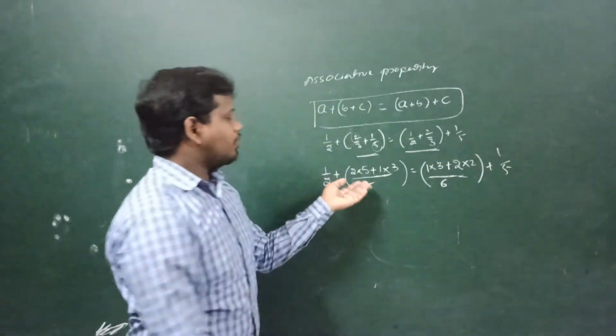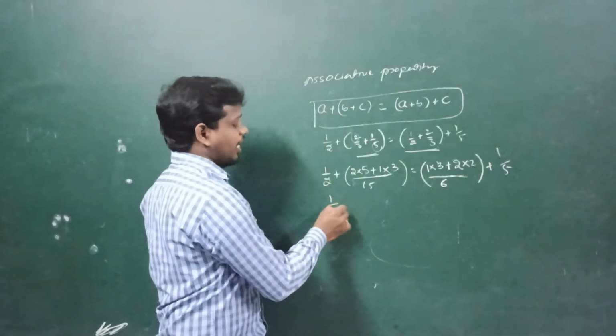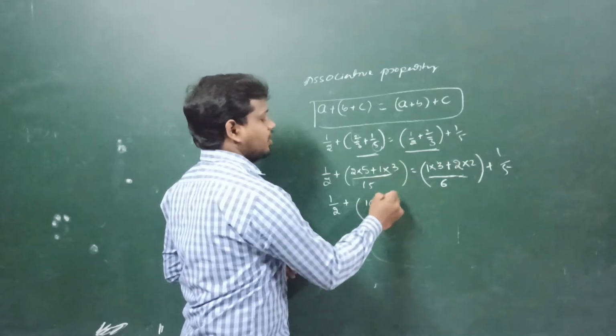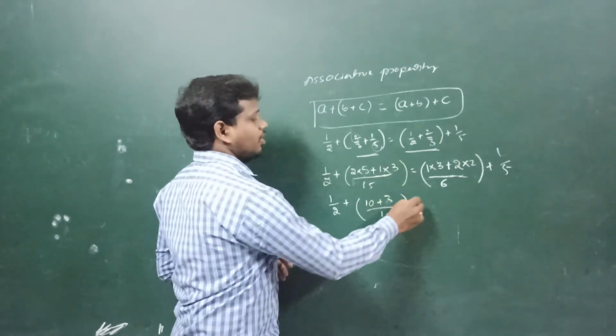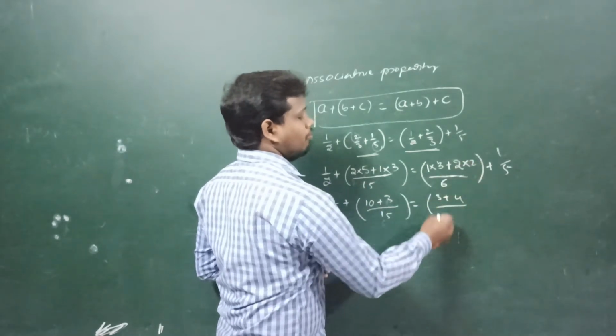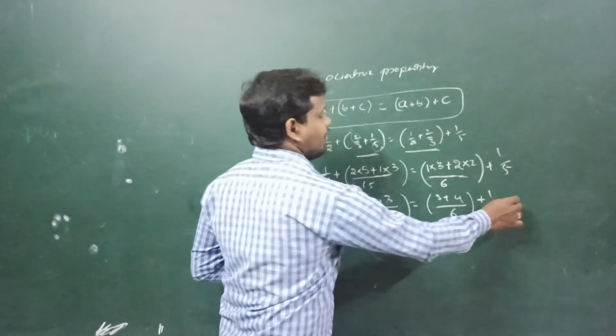Okay, so then you multiply the terms which are in the bracket. Write 1 by 2, 2 5s are 10, 1 3s are 3 by 15 equal to 1 3s are 3 plus 2 2s are 4 by 6 plus 1 by 5.